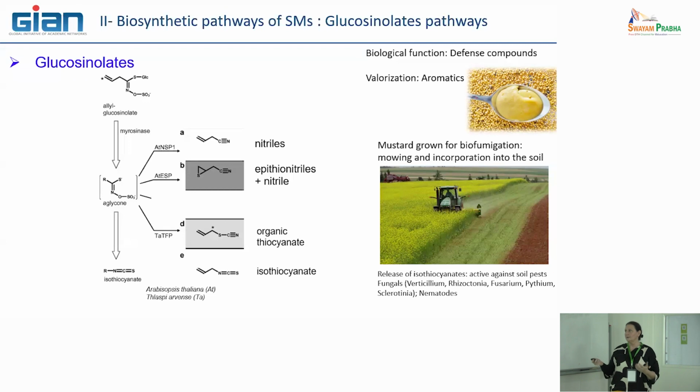And knowledge of the glucosinolate pathway was a way to have markers to see which variety of mustard will be the most interesting to use for this application instead of using a mustard just for food.